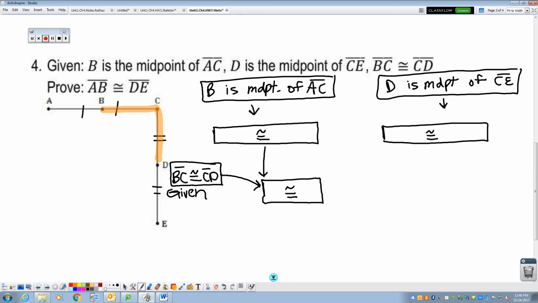And because it's a congruent symbol, this is going to be the transitive property that I'm using. So you have to figure out what letters go in there.